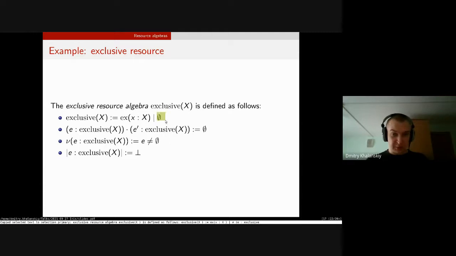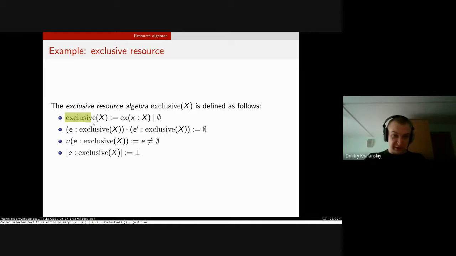One element is a dedicated element that denotes the invalid resources, and another is a constructor with 1 parameter that signifies the exclusive ownership of this value.